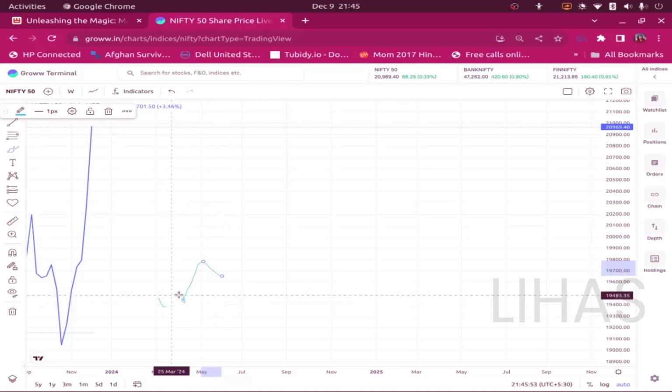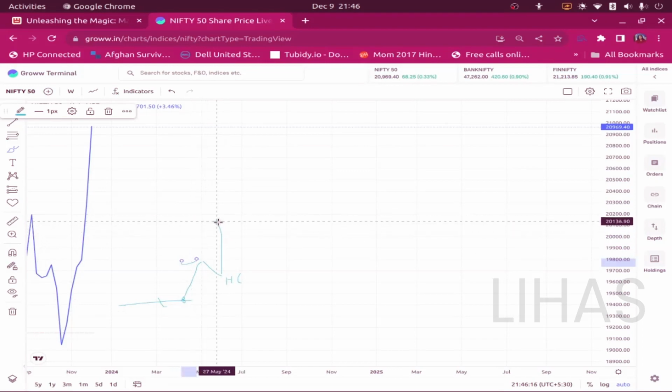This was the low first, and the second low was a bit above this, so we call it a higher low. And after that, the price moves up. Previously it was the high of this one, but now it has moved up, so now it's a higher high. And then the price moves like this.